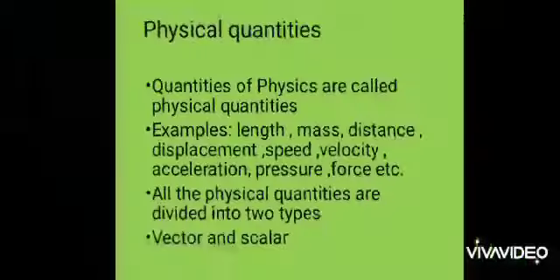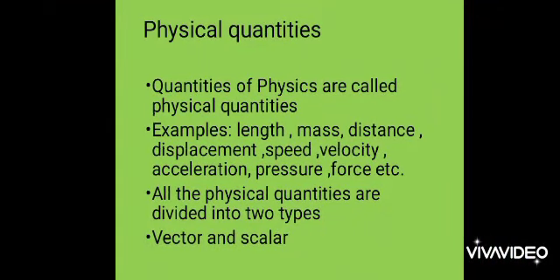Before discussing motion, we have to know about physical quantities. Quantities of physics are called physical quantities. Examples: length, mass, distance, displacement, speed, velocity, acceleration, pressure, force, etc. All the physical quantities are divided into two types: vector and scalar quantities.